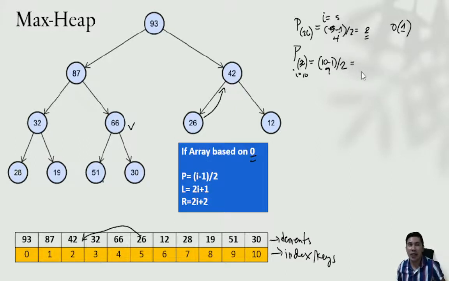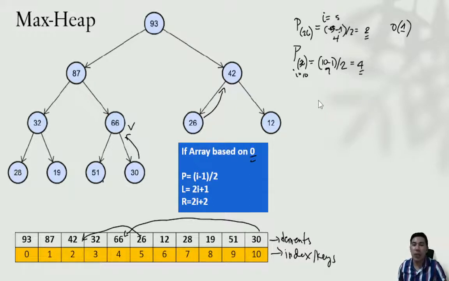Since an index is an int, of course, it is always an int, there's no index in a double or float representation, 9 divided by 2 is actually 4. So the result is 4. Therefore, the parent of 30 is the element which has index 4, which is 66. So that's how you look for a parent.